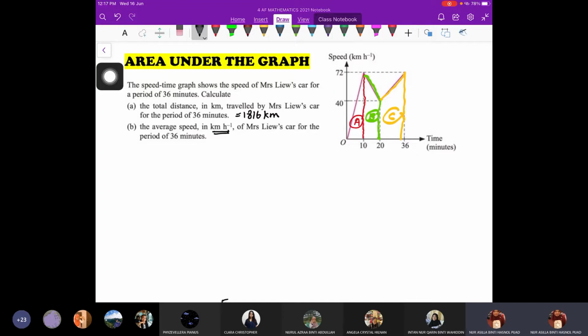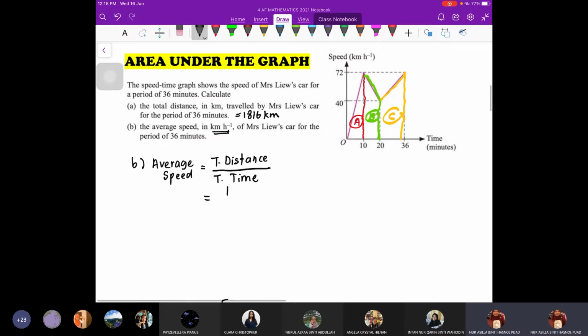So still kekal dengan formula average speed. So average speed is equals to total distance over total time. Okay, so total distance kita dah kira in A. So dalam case average speed, for speed time graph, kamu kena cari total distance menggunakan konsep area under the graph.